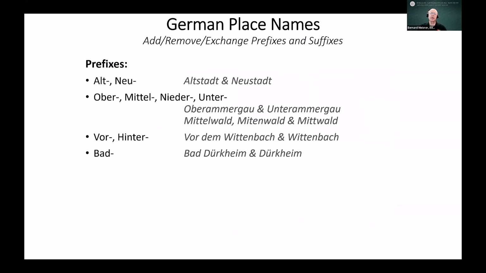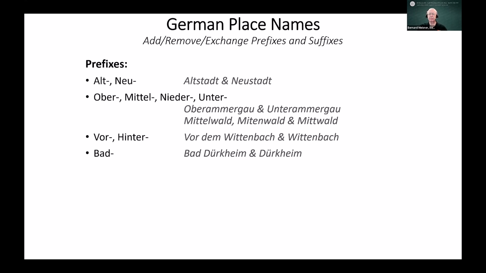Also consider prefixes. There's Altstadt and Neustadt, the old and new. You're familiar probably with the Passion plays at Oberammergau. Well, just down the road from Oberammergau is Unterammergau. That can be vor or hinter.